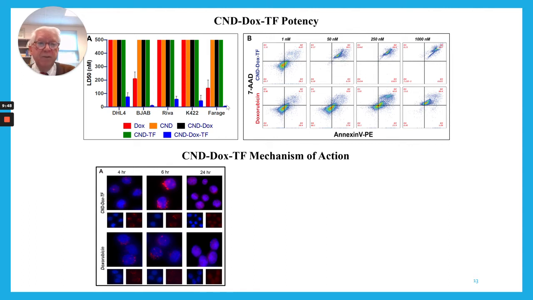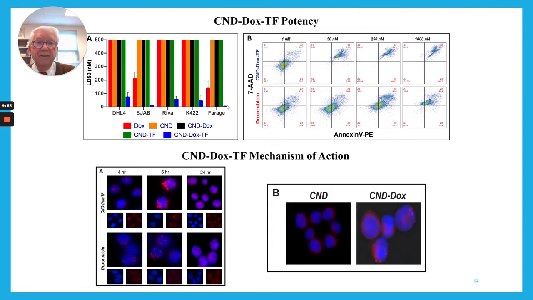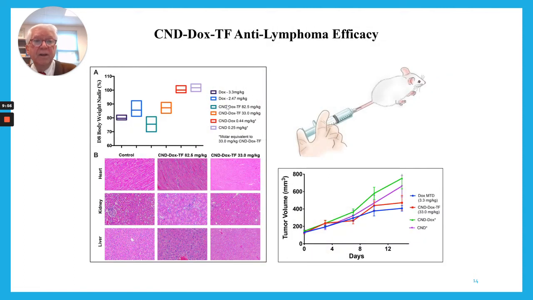About the in vivo experiments using mice and using this system, on the next slide, we inject the system into the vein of the mice. And on the graph at the bottom, we can see this is tumor volume against days, and the green line is when we have the carbon nitride with doxorubicin, and the red one is when we use just the system we mentioned with carbon nitride, doxorubicin, and transferrin.